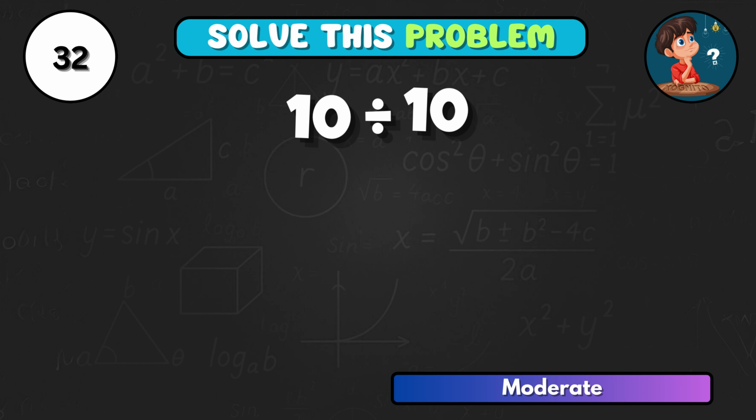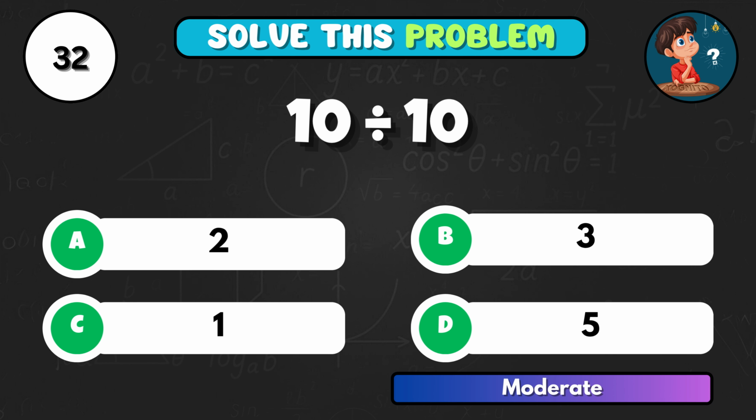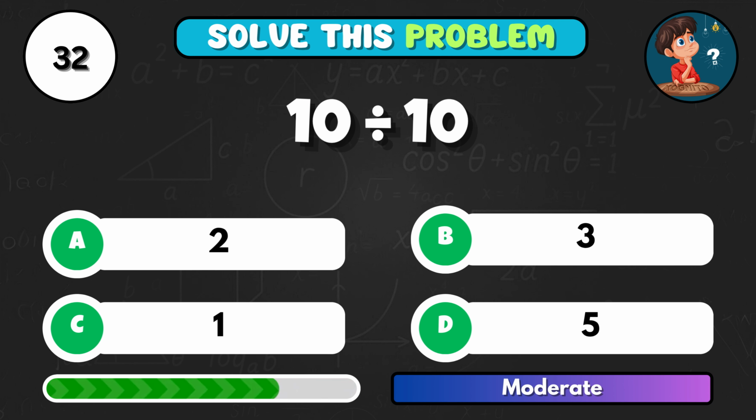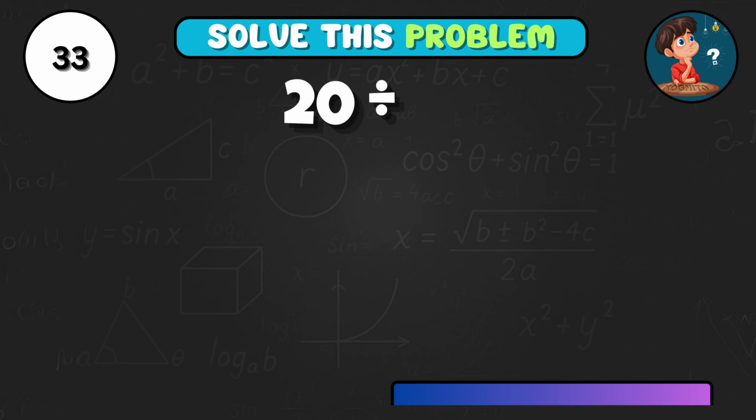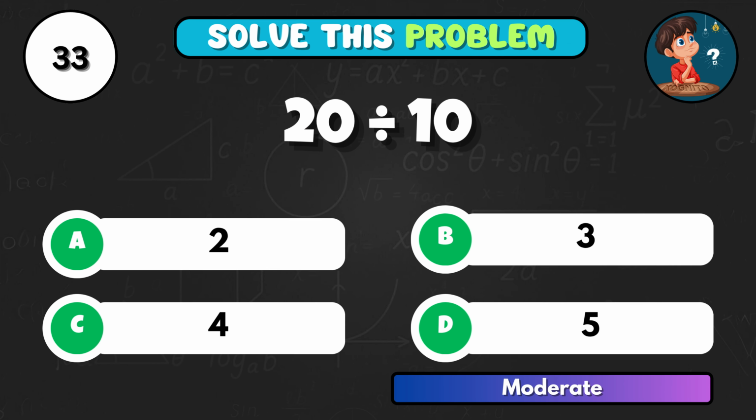Let's go with 10 divided by 10. What's the answer? That equals C, 1. What do you get when you divide 20 by 10?